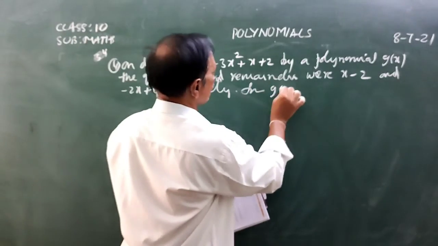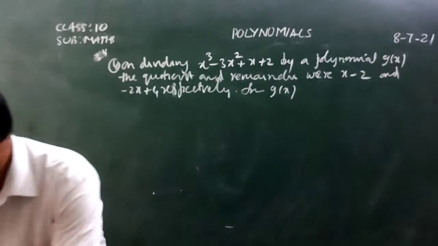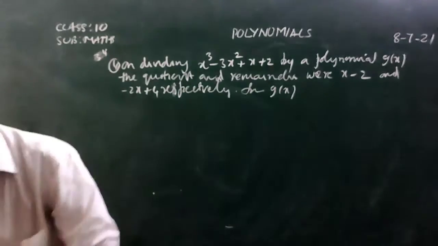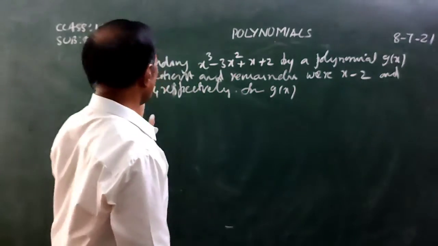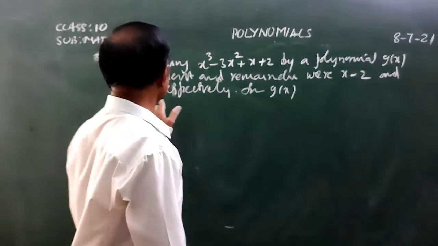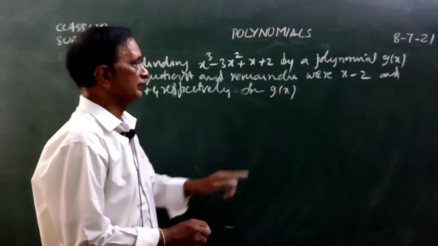Find g(x). See, here what is given? On dividing this polynomial by g(x), the quotient is x − 2 and the remainder is −2x + 4. Find g(x).